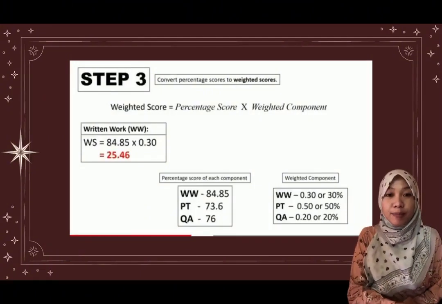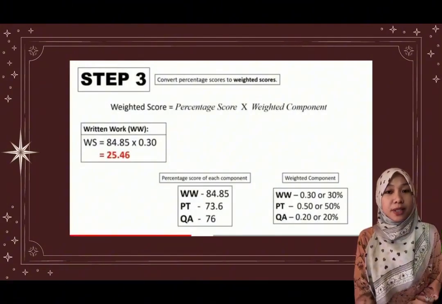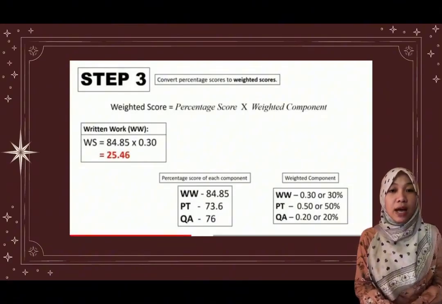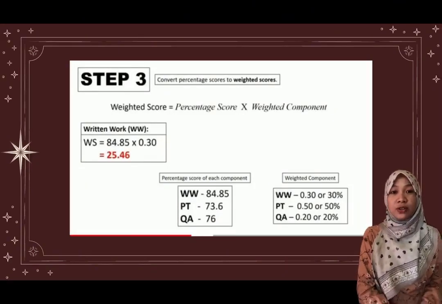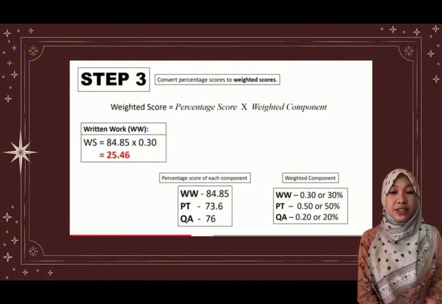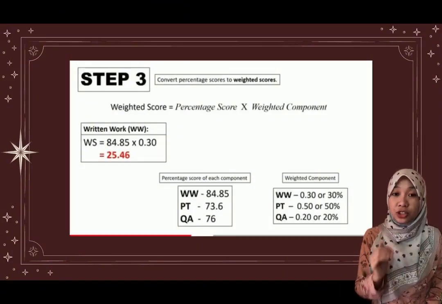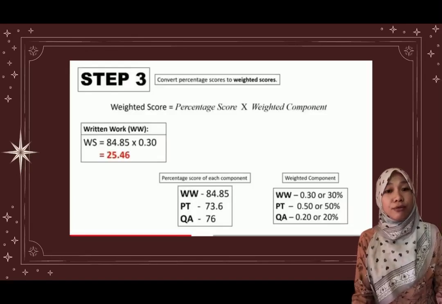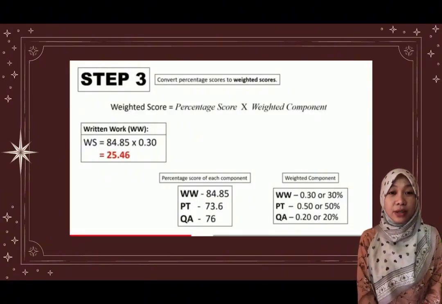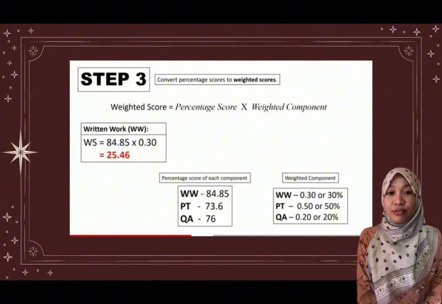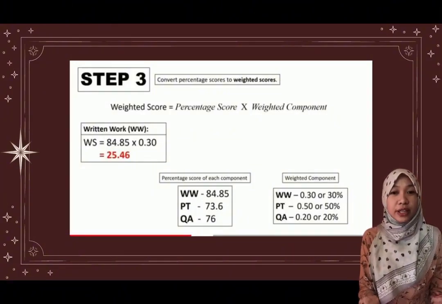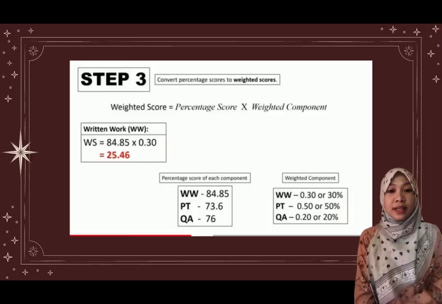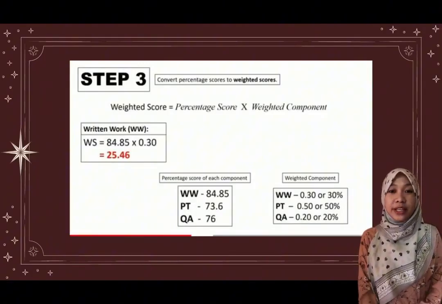In this step, we are going to convert the percentage scores to the weighted scores using the formula: weighted score is equal to percentage score times weighted component. But first, of course, you need to identify the weighted component of each component of the K-12 grading system. Let's have an example here.